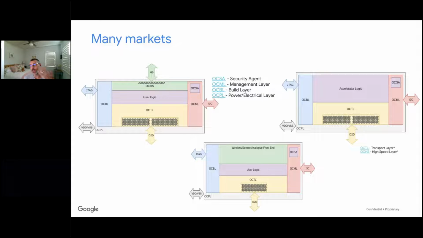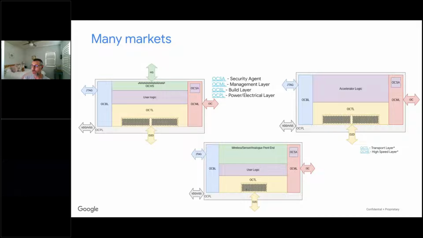We try to break up the components into layers and have those layers talk to each other, or at least present common APIs. The main layers that we created were the OCML, the open chiplet management layer, and within that, a security agent. We'll talk about security in a bit.